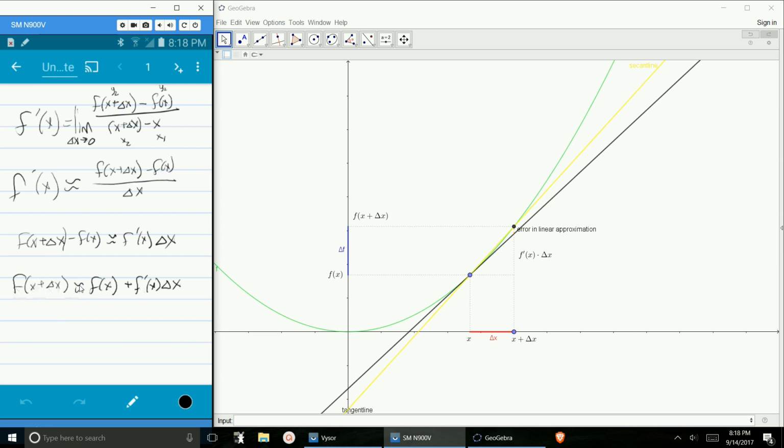So what this one was saying right here is exactly what I was saying before. This thing right here is delta f, right? It's this number minus this number. That's how you get this magnitude. But this guy right here is this little person, and that's why they're approximately equal.